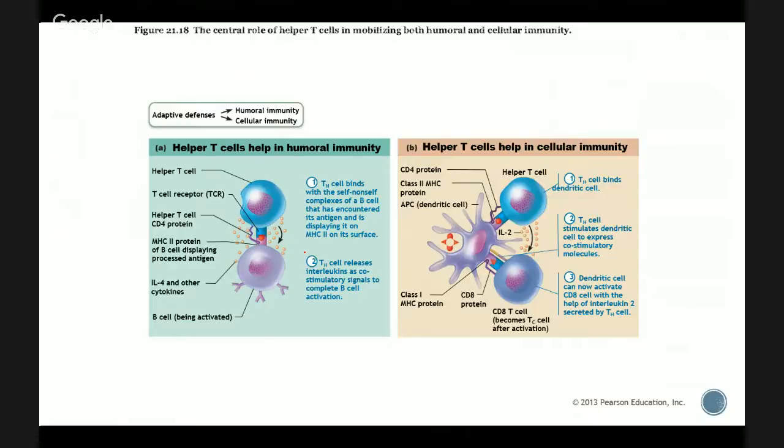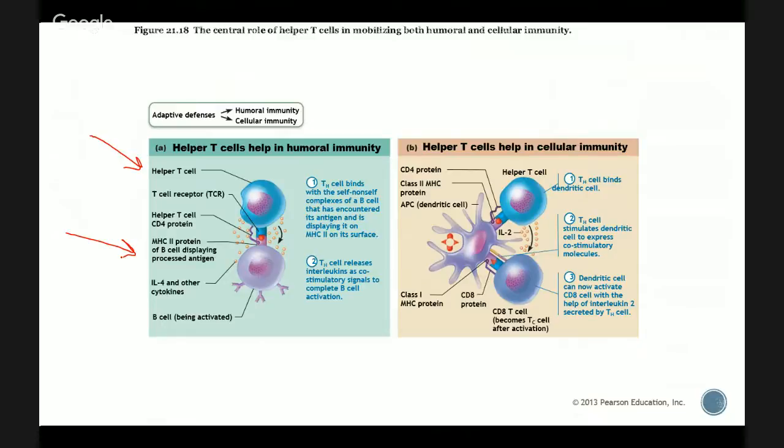So helper T cells, once they're activated, can help out in different ways. So let's look at the helper T cell that's been activated. So when the helper T cell is activated, now it's going to go out and it's going to look for B cells. And the B cells are also going to present the same antigen. They're going to say, hey, I found this bad guy.